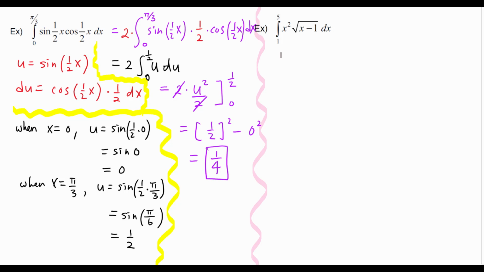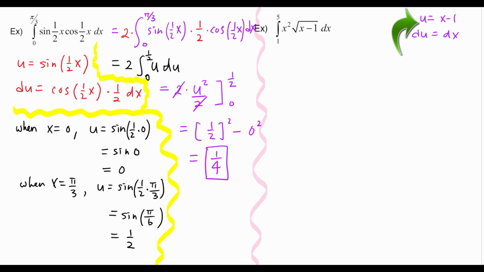What is the integral from 1 to 5 of x squared times square root of x minus 1? So the composite function is square root of x minus 1. So let u be x minus 1. Then du is just dx. But then again, I still have x squared sitting in there that I need to get rid of, right?